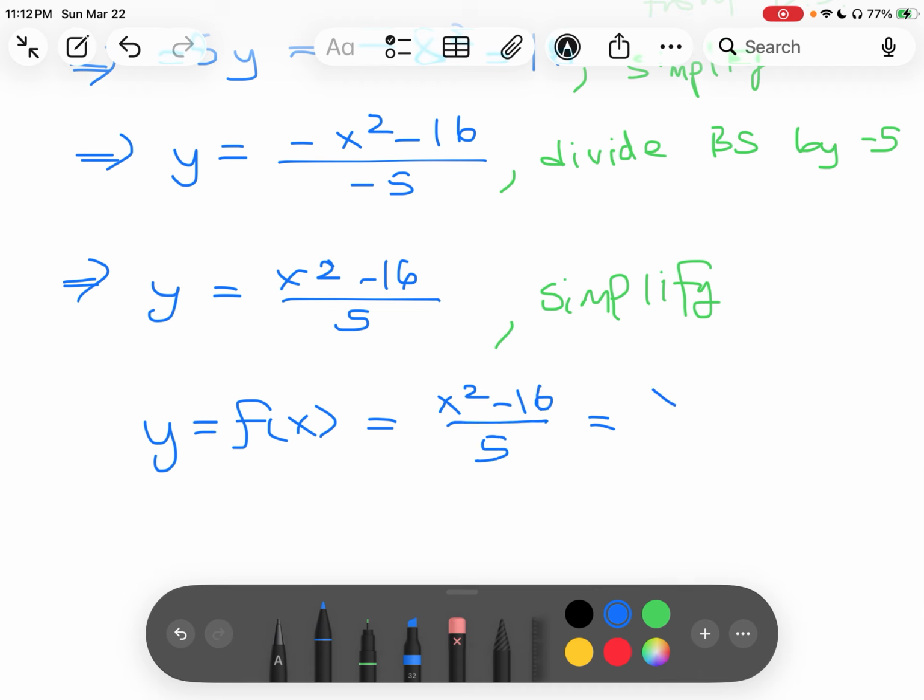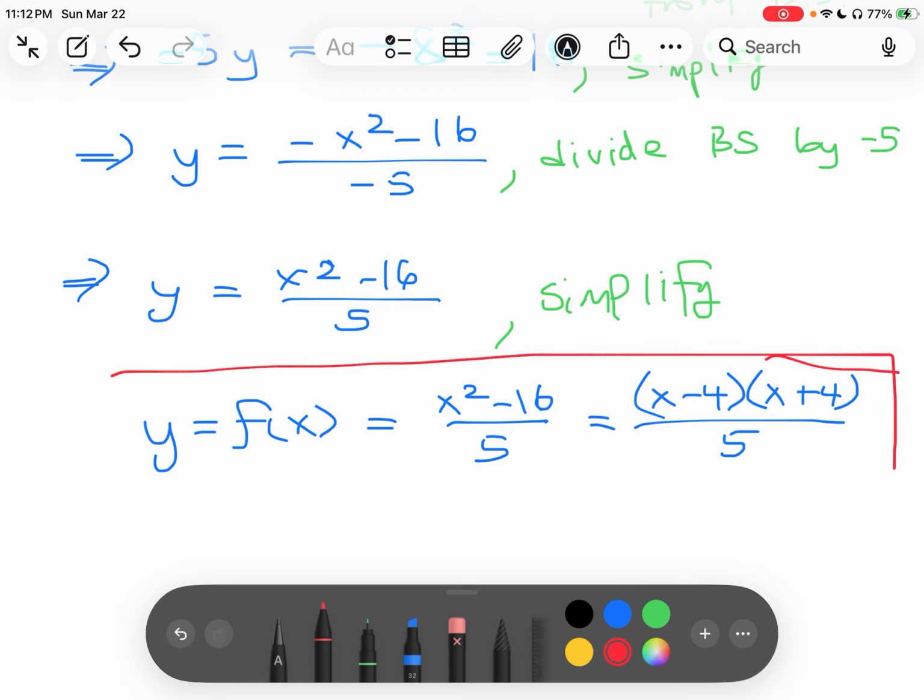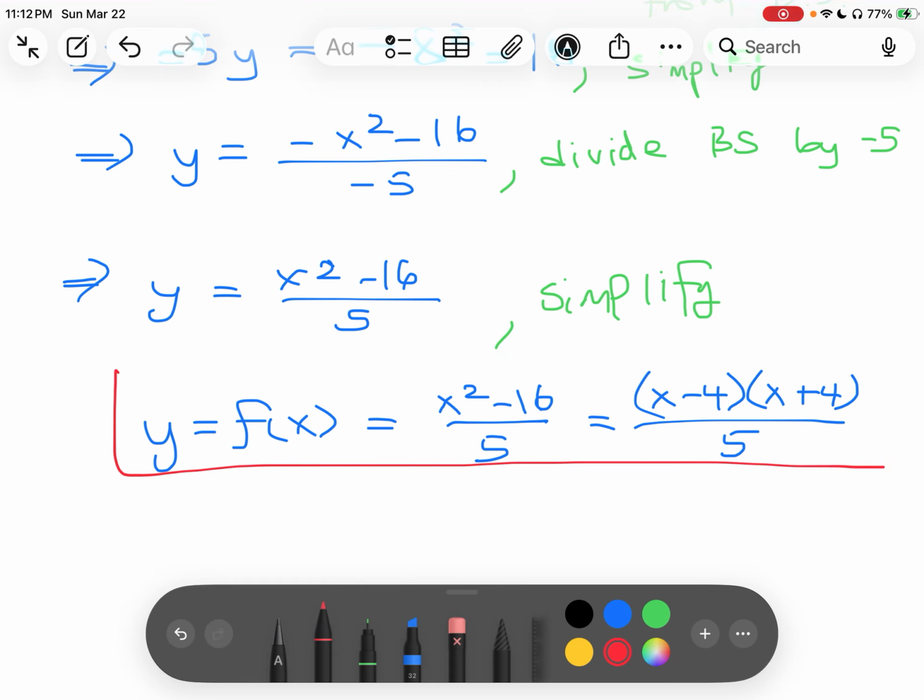You can write it as x minus 4 times x plus 4, over 5, because there's a difference of squares here: x squared minus 16 is x squared minus 4 squared. Either way should be acceptable. It depends on what your prof wants, whether they want you to factor the numerator or just leave it expanded. And that should be the answer.